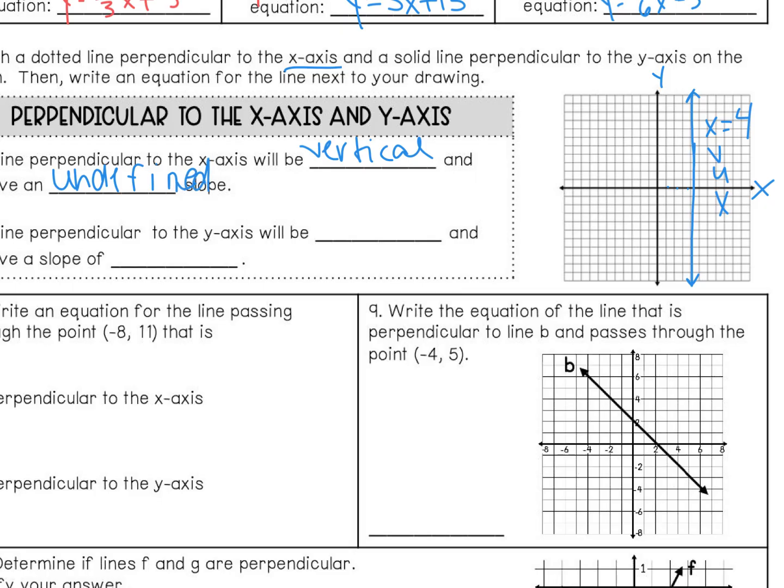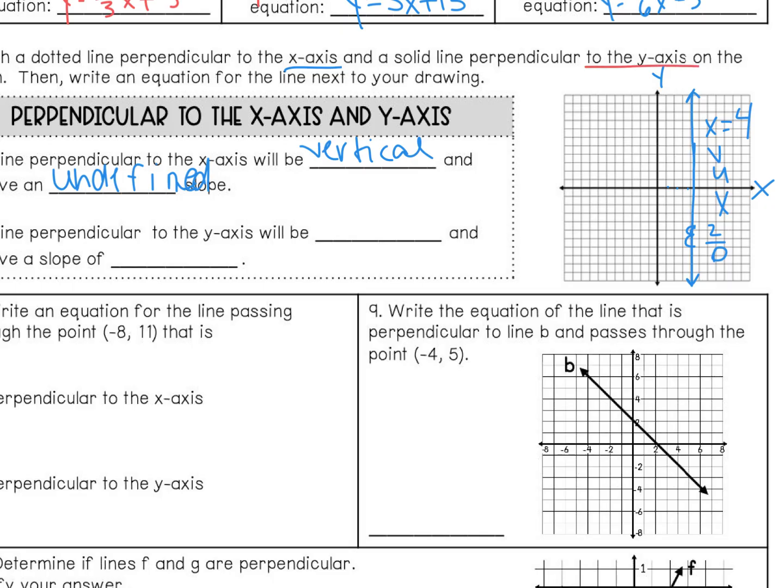All right. And also, if we wanted to count rise over run, we could say that this is rising 2 and running 0. All right, so let's draw a solid line. Oh, we didn't do it dotted, but that's okay.